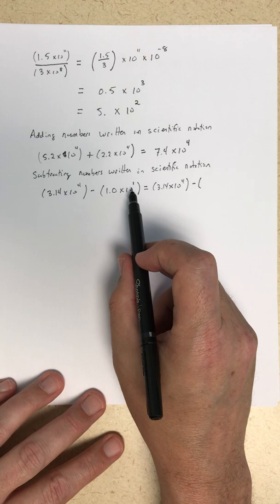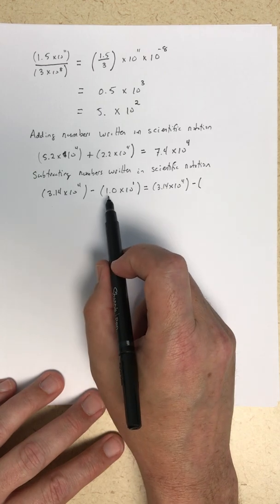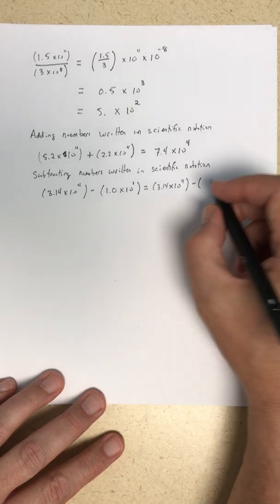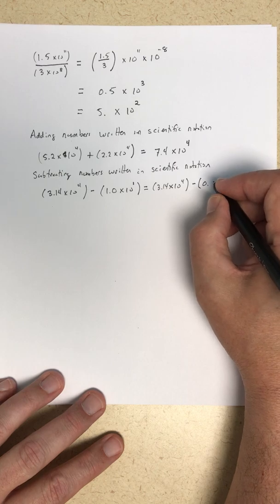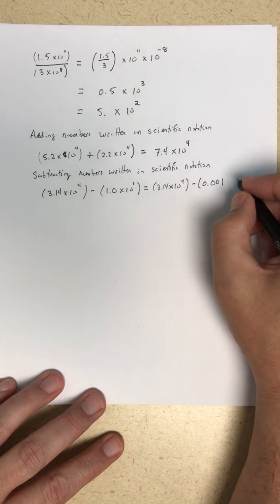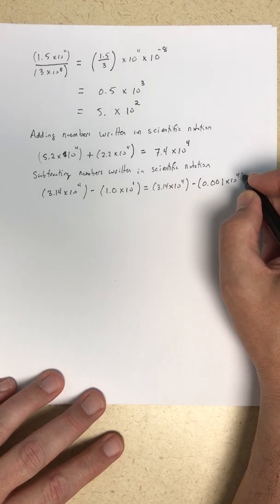So I have to shift this until it is 10 to the 4th, which means shifting the decimal place over. So this would be 0.001, so I shifted it 3 places, times 10 to the 4th.